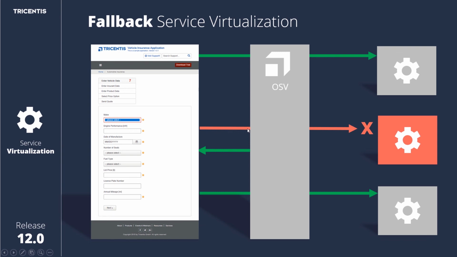For instance, if it doesn't respond within 2 seconds, then OSV jumps in and provides a virtual response, because if this application doesn't respond, we will never make it to this step. So this means when you run your tests and one of your servers passes out, OSV can jump in and provide your test with a virtual service.